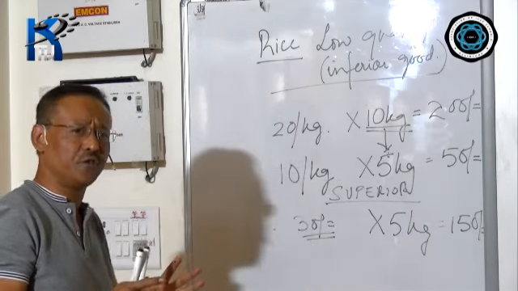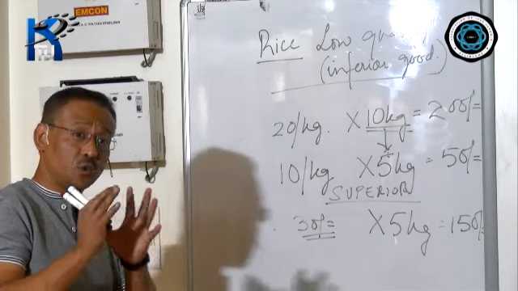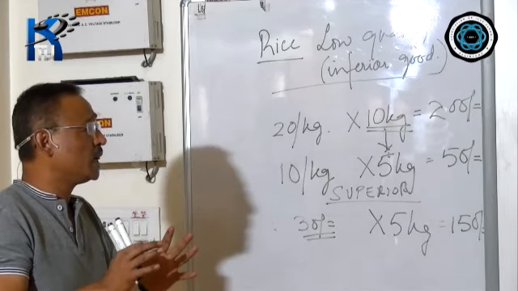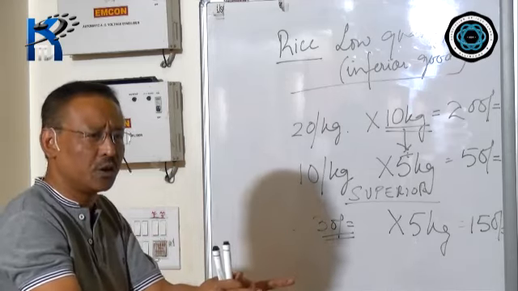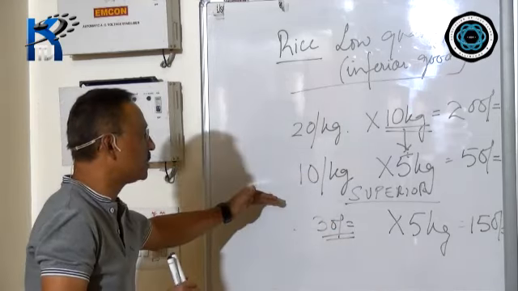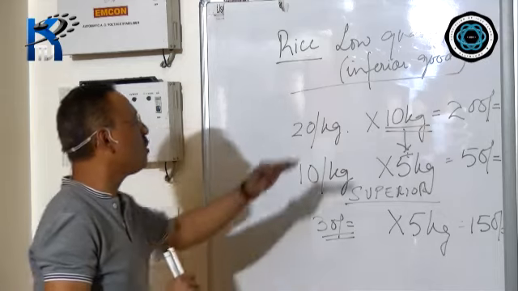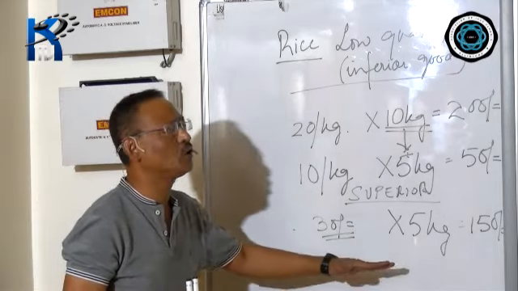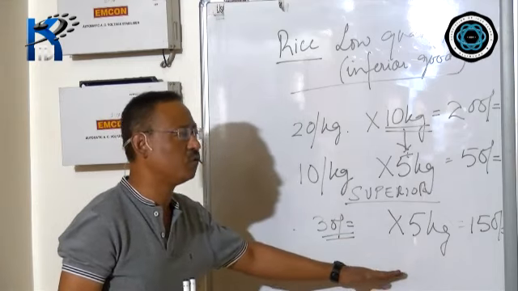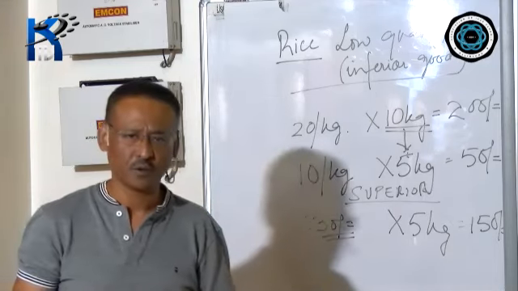They are part of the inferior goods, but it is those inferior goods where the poorest section spend a large part of the income on that good, and when the price falls, the quantity demanded will also fall because they will switch over to another superior quality good or food. This is on Giffen goods.